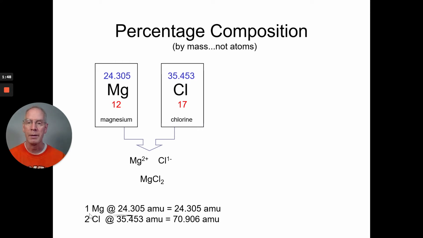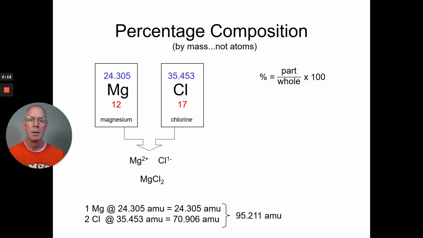So we have 1 magnesium, that's what the formula says, and it weighs 24.3. And then I have 2 Cl's, and they each weigh 35.5. 2 times 35.5, I add these two numbers up, and I get the mass of this compound.